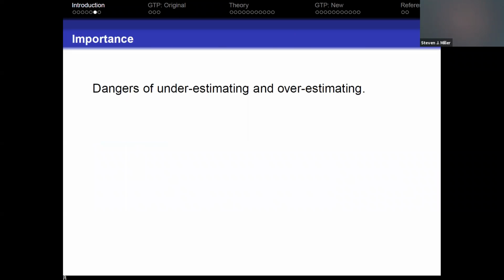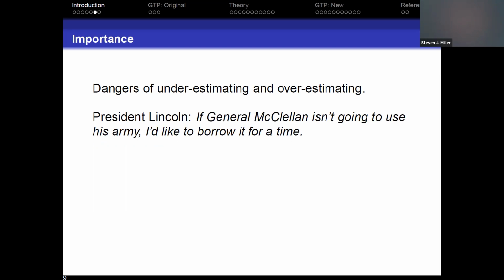Now, we've got to be extremely careful, because if we come up with the wrong answer, there are severe consequences. There's tremendous danger in overestimating and underestimating. One of my favorites is from President Lincoln in the US Civil War. He remarked, if General McClellan isn't going to use his army, I'd like to borrow it for a time. McClellan was famous for being great at training his army, but always being under the impression that he was greatly outnumbered in the field and needed more reinforcements before he could attack.